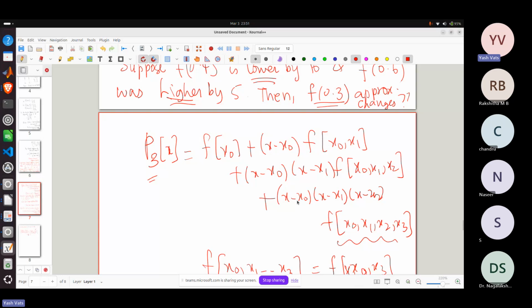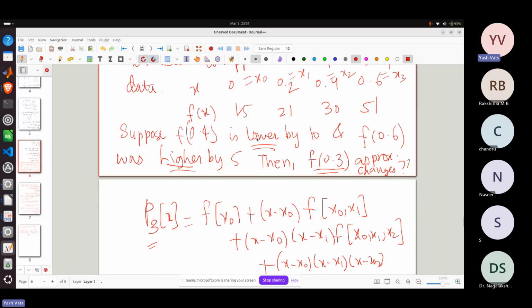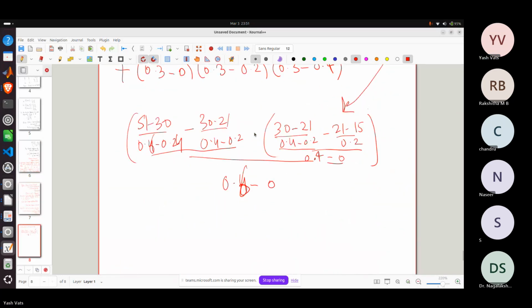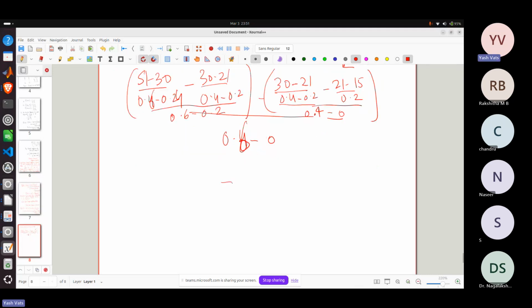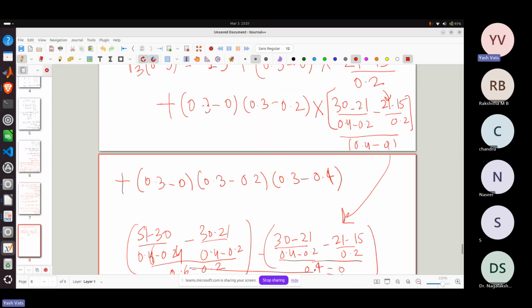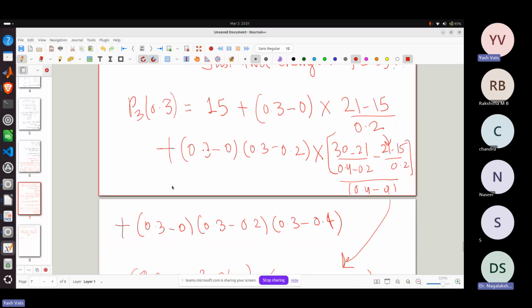So x3 minus x1 is 0.6 minus 0.2. If you solve this, you will get some expression which gives you the P2 point, which will give you P3.